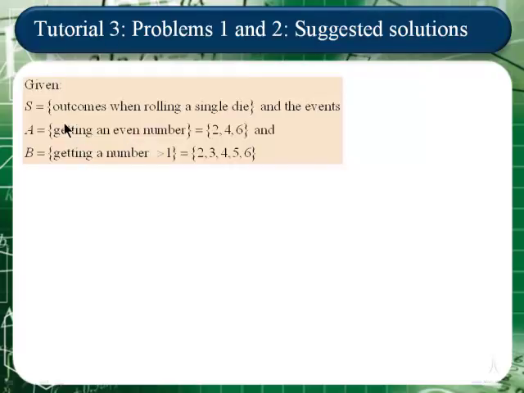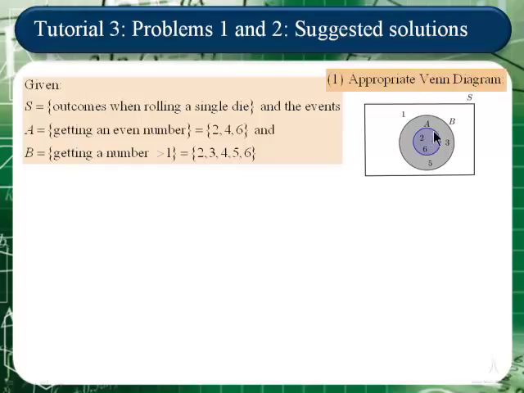Let us look at the suggested solutions to problems 1 and 2 from tutorial 3. Here we have the sample space and the 2 events. We had them before. And firstly, we draw the appropriate Venn diagram. It is pretty clear that the event A, which is a subset of the sample space, is a proper subset of the event B, which is also a subset of the sample space.